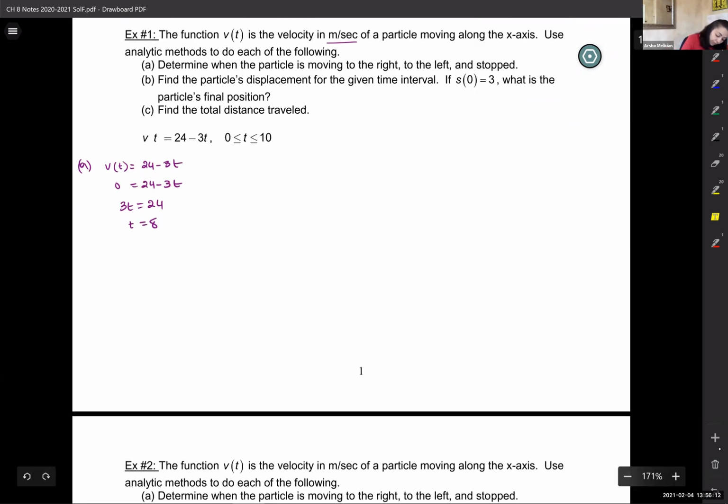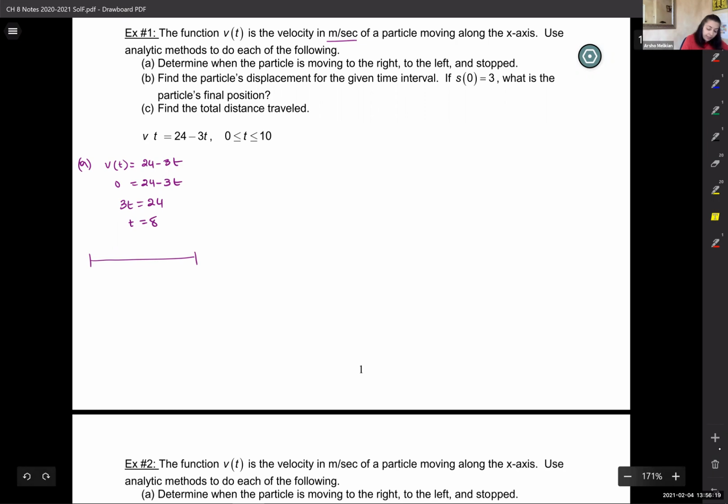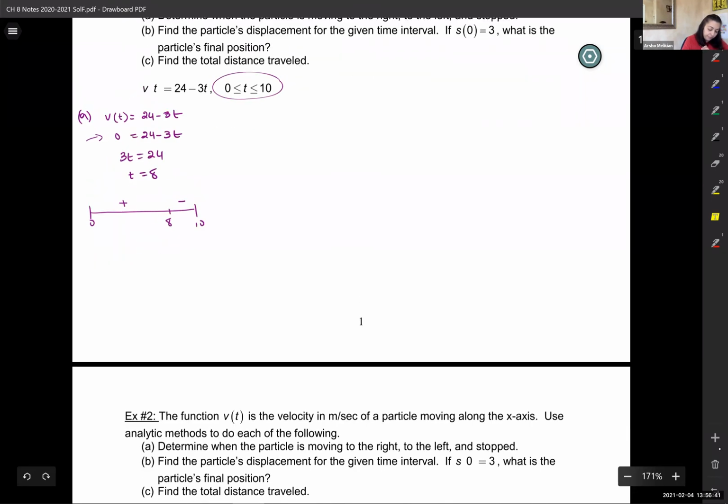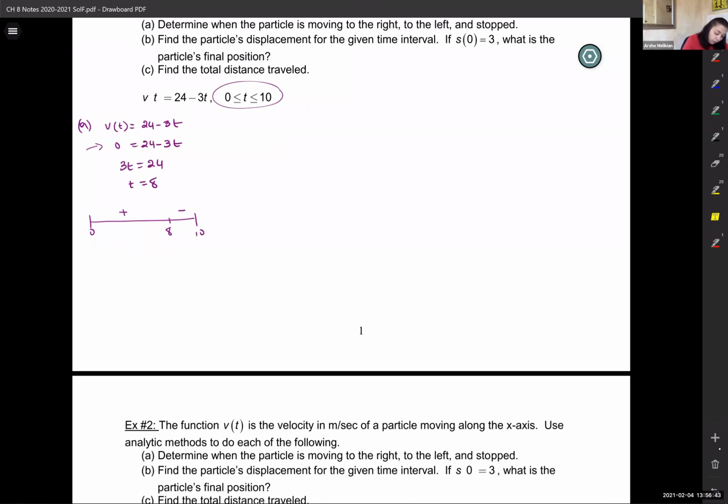Now I need to get a sign chart. I do a number line that represents my domain from 0 to 10. And on this, I put in the time where the velocity is 0. Now you want to test points into the velocity. From 0 to 8, velocity is positive, then it's negative. So when is the particle moving to the right?